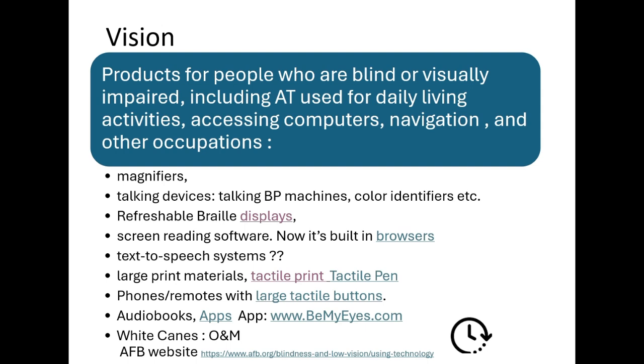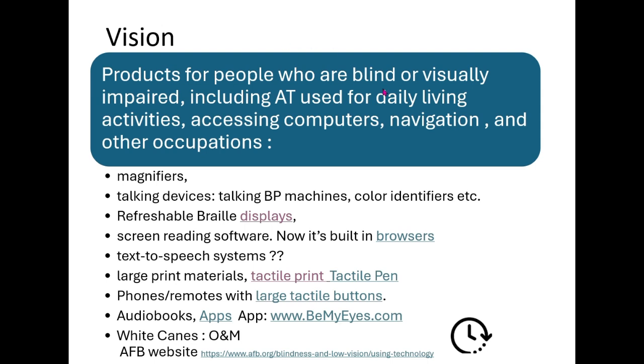So if you have a client who is visually impaired or blind, then there's technology that would help them in achieving and improving their function. Vision assistive technology usually refers to products for people who are blind or visually impaired. So those are two different categories of people.